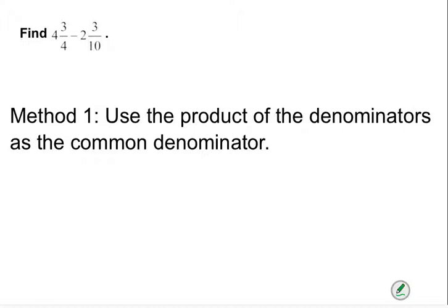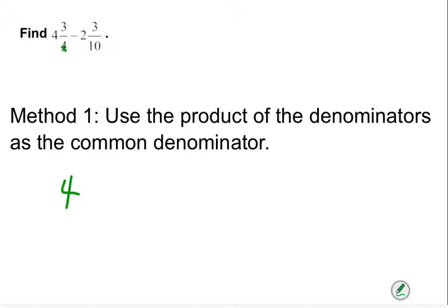So what's my denominator going to become if I use the product of the denominators, Esri? Product is the answer in a multiplication statement. So what would my denominator become in that situation? 40, good. So now I have 4, and what did I do to this?